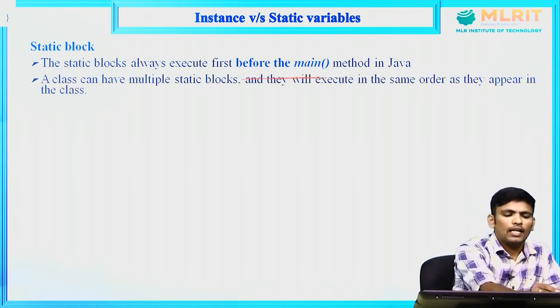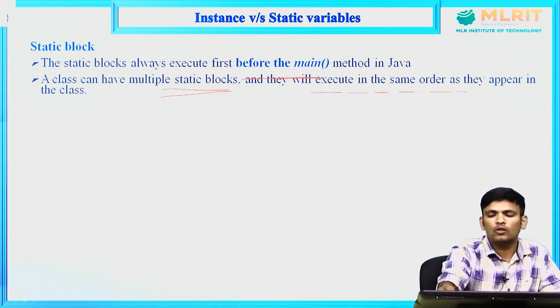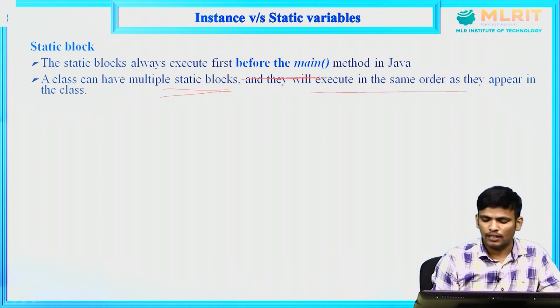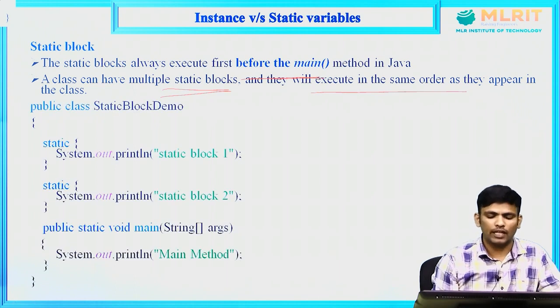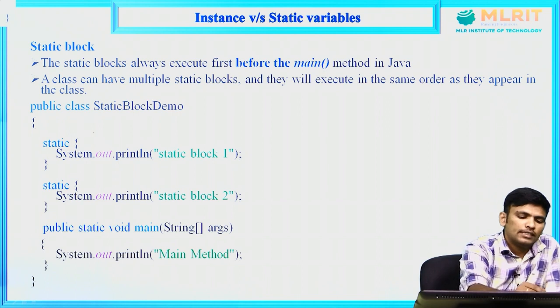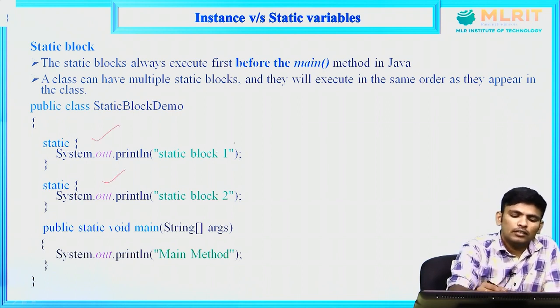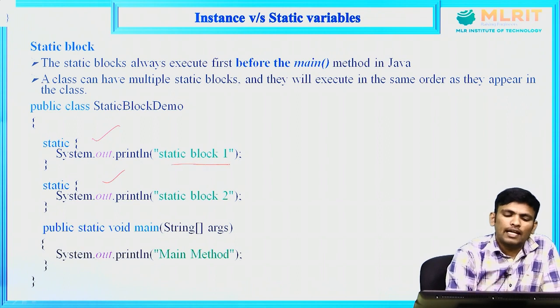A class can have multiple static blocks, and they execute in the same order they appear in the class. Suppose I take an example with two static blocks: this is the first block and this is the second block, printing static block 1 and static block 2.